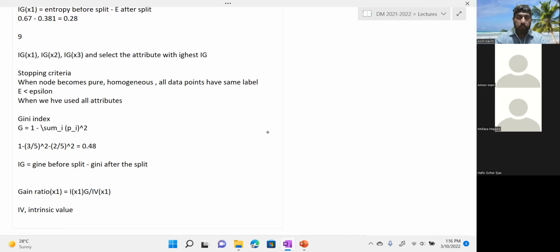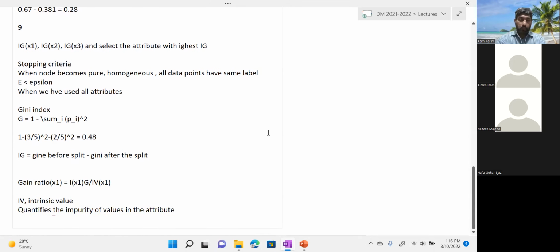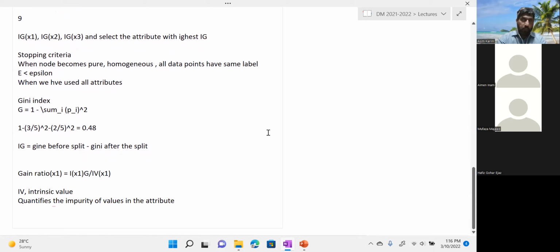So basically intrinsic value quantifies the impurity of values in the attribute. Okay. So for example, let's say we talked about the attribute gender.